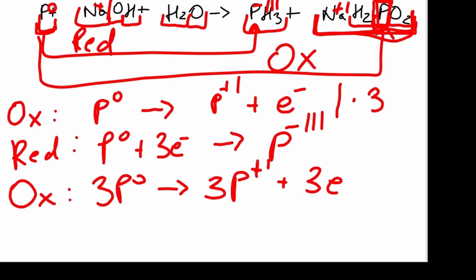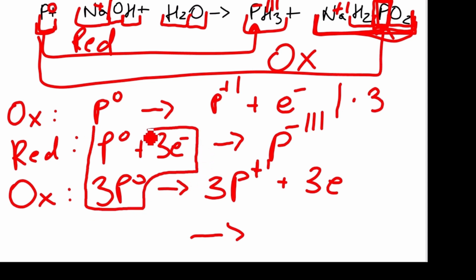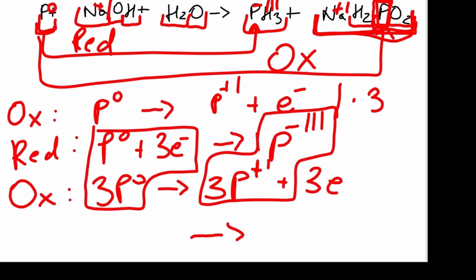So let's try to write now the overall reaction. On the left side we have all of the substrates, and on the right side we have all of the products.